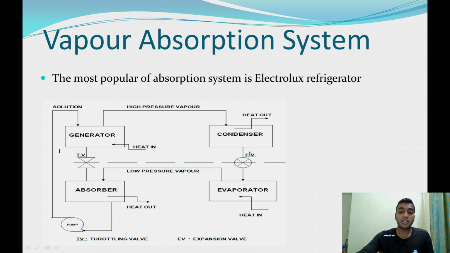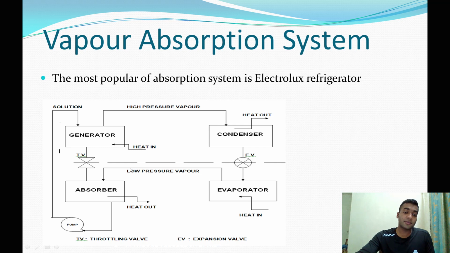The highly pressurized liquid refrigerant enters the expansion valve, which reduces its pressure. So low pressure liquid refrigerant enters the evaporator. Now in the evaporator, the liquid refrigerant will absorb the latent heat of vaporization from the product or space, which in turn gives refrigerant vapor at low pressure and low temperature.